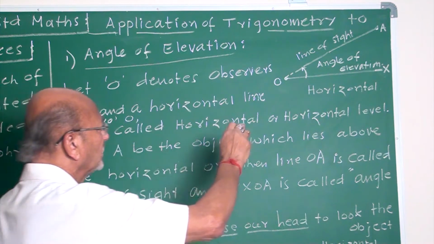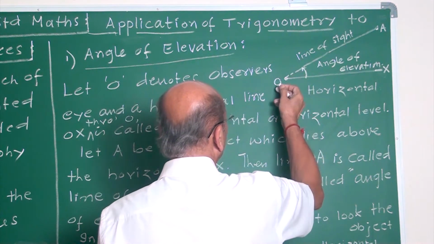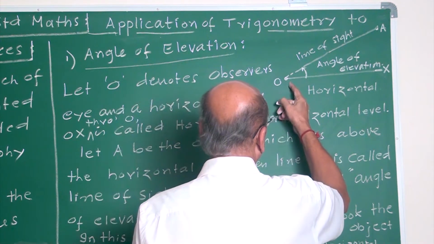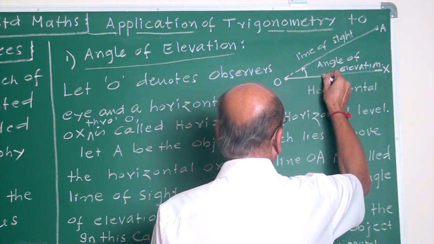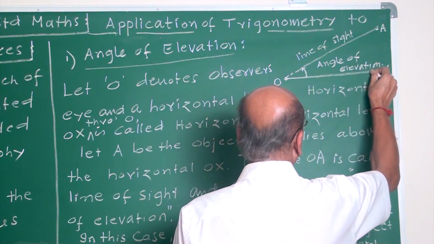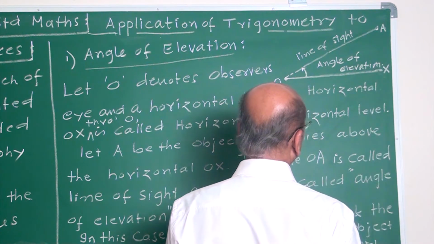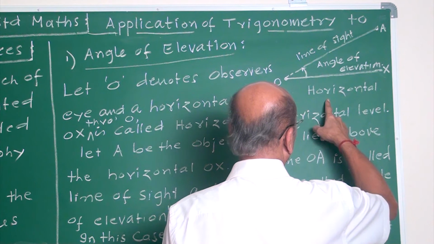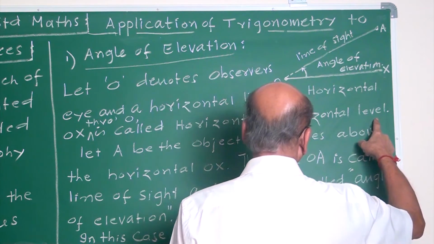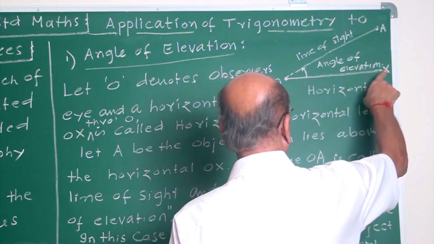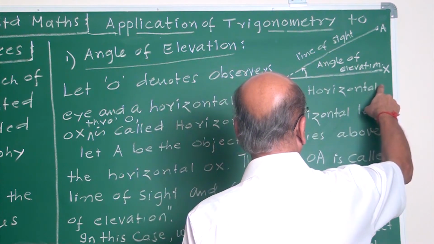O is the observer's eye, a line through O is OX. This OX is called the horizontal line or horizontal level.